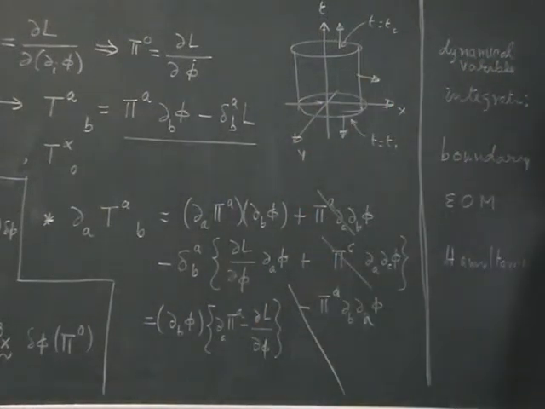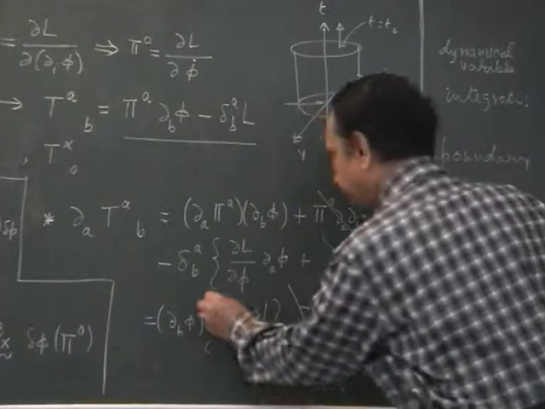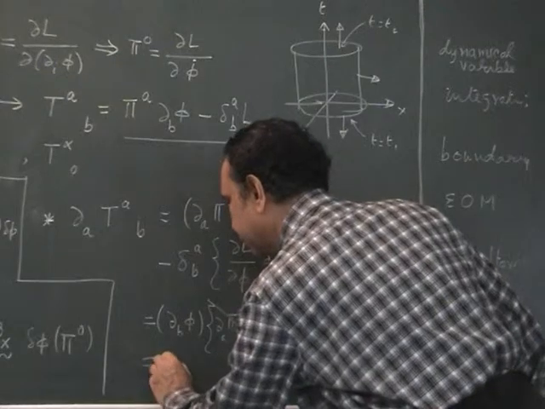But that is very nice, because this is the quantity which is a complicated way of writing zero. Because when the equations of motion are satisfied, that is equal to this. Therefore, this vanishes. And this is zero.